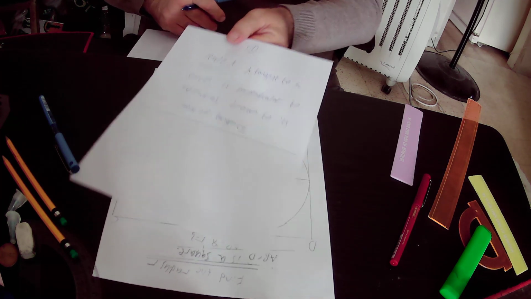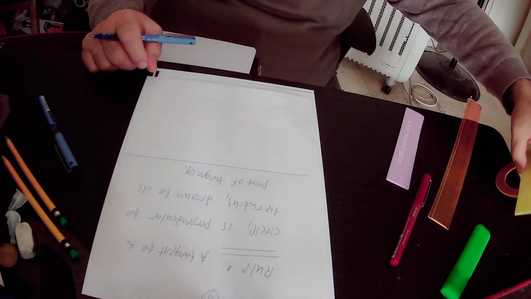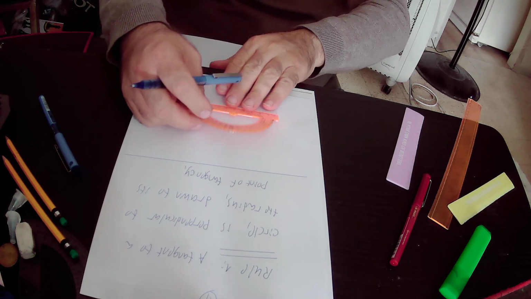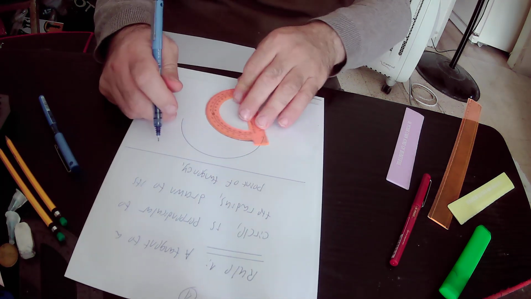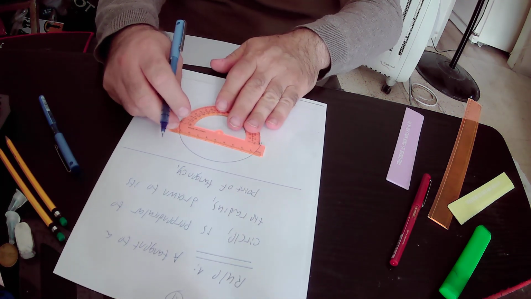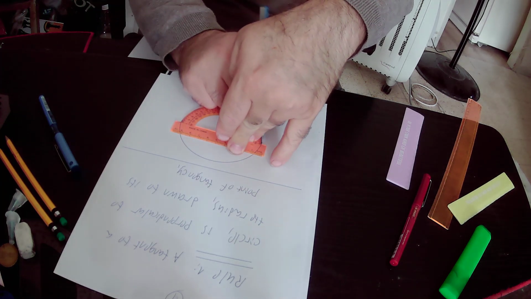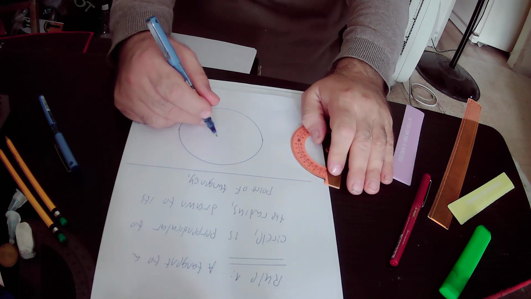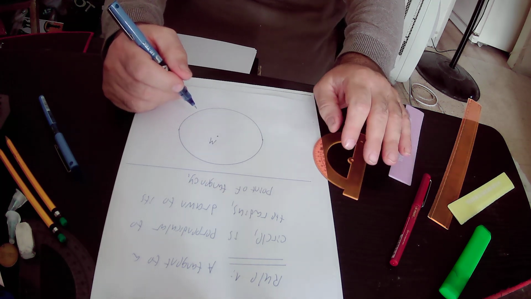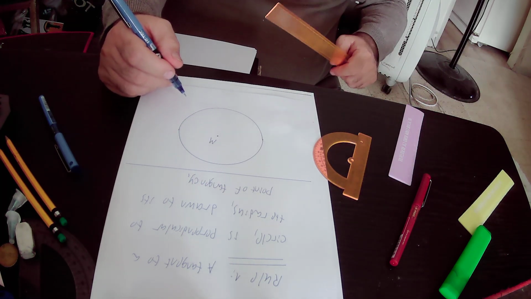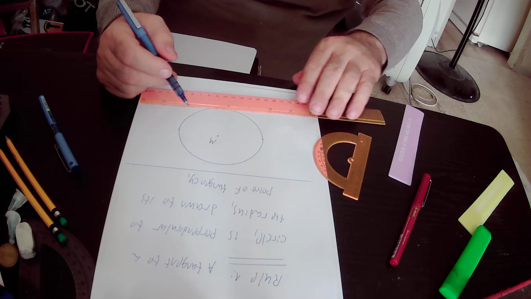tangency. So actually, if we have a circle, and the center of this circle is here, let's define the center of the circle as point M, and we have a tangent to this circle.